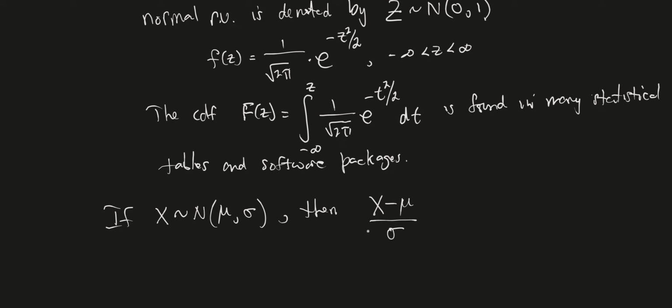And this process is what we call either standardizing or normalizing. This now becomes z, and it follows the standard normal distribution, right?